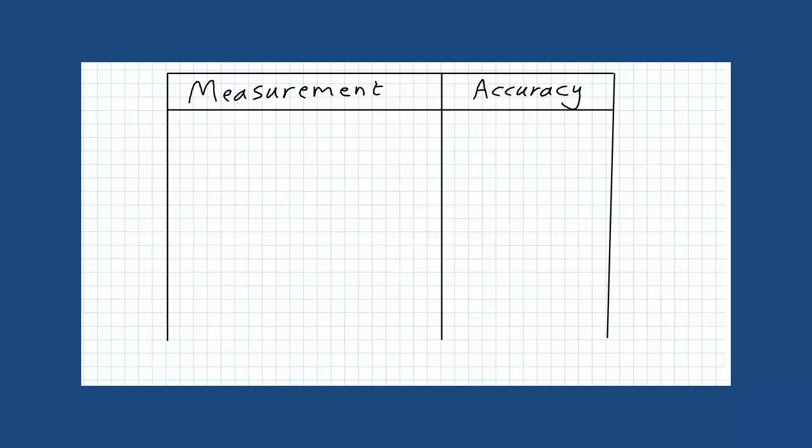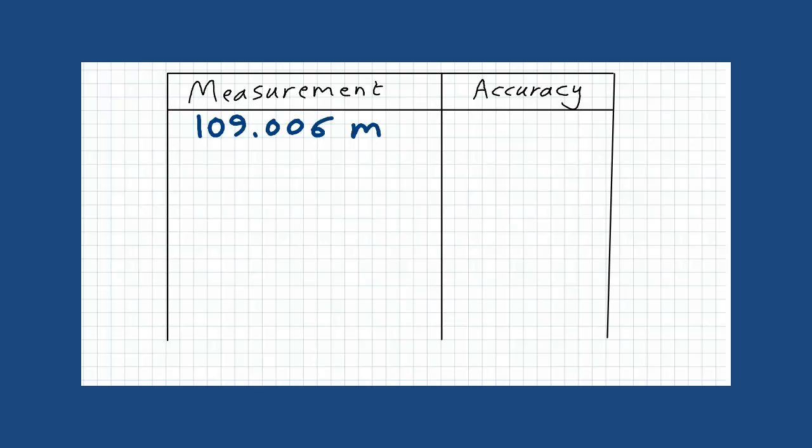Look at this table. In the first column, I'll give you a measurement. In the second column, we try to find the accuracy, which is the number of significant digits. Suppose that we have this measurement. What do you think about the number of significant digits in this measurement?